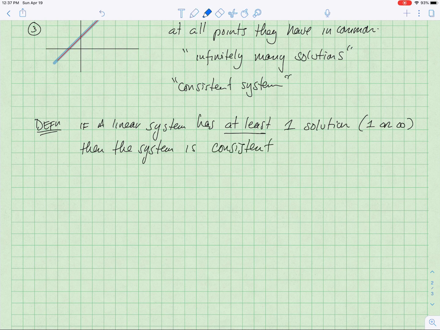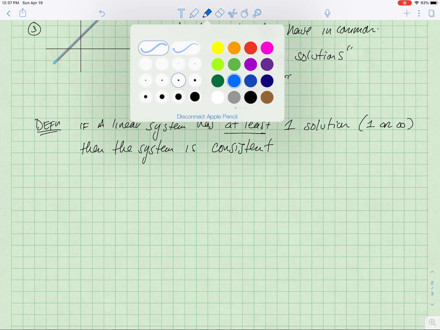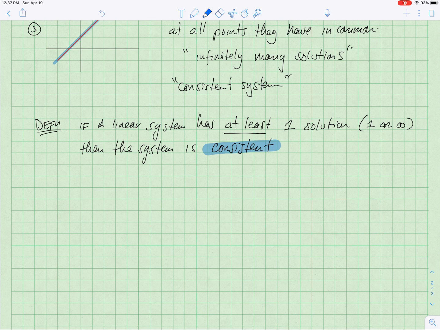And that's the term I'm trying to define for you here. Oops, I need to readjust the size of my highlighter. The system is consistent. There we go. If a linear system has no solution, it is inconsistent.